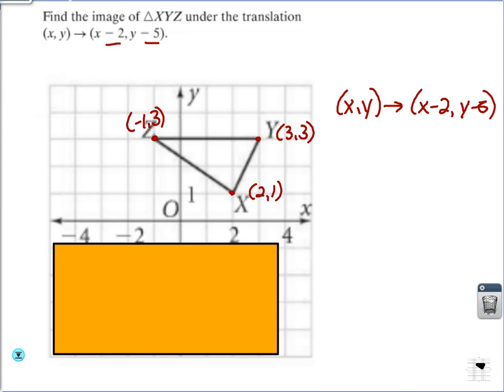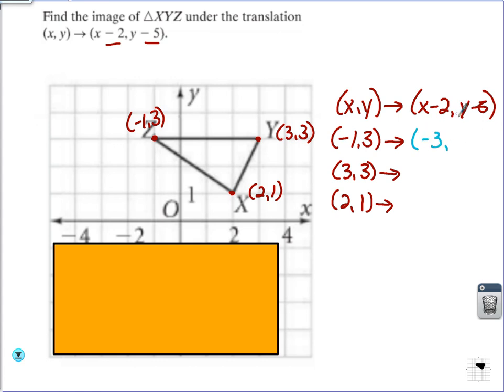So here we go. (-1, 3). (3, 3). And (2, 1). Will turn into... Carson, help me with the first one. (-1, 3). x minus 2, go ahead.